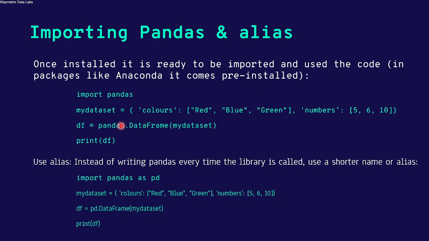So in that case, we use an alias. In the case of pandas, we'll say import pandas as pd, where pd is its alias, or in simple words, something like a nickname. So that next time you call pandas in your code after importing, you just refer to the alias, right? It's pd, so you don't have to write the full name. That's the way you use the alias.